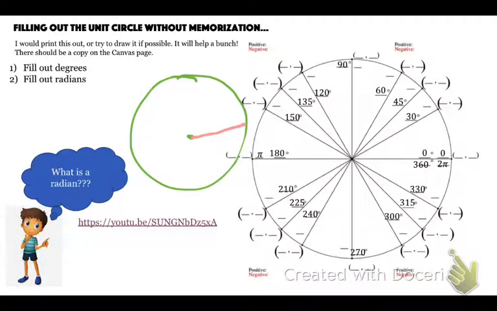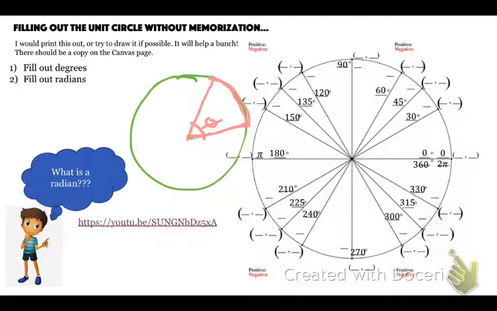Well, if we took that length and laid it out on the outer edge of the circle, this distance right here is 1 radian. So these two lengths are the same, and that angle between them is the radian. So 1 radian is the same distance as your radius, which makes sense why it's called radian.